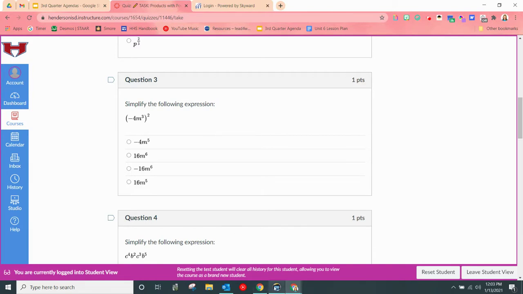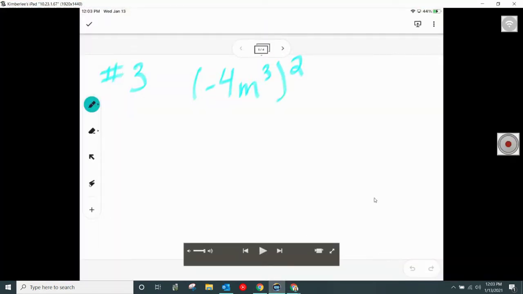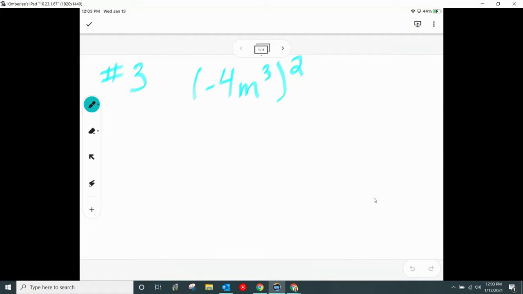Okay, so here we go. Let's start with number 3. Let me pull up my iPad. So here's number 3. Here's the problem, and it's saying to take all of the stuff inside the parentheses and to square it, basically. It has a power of 2 outside the parentheses.